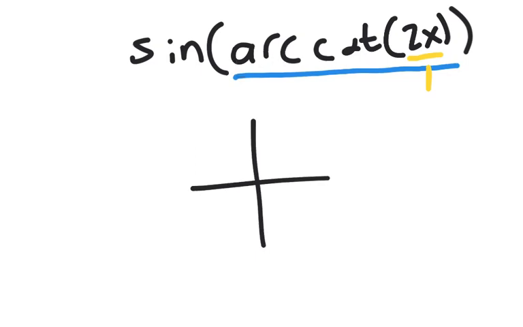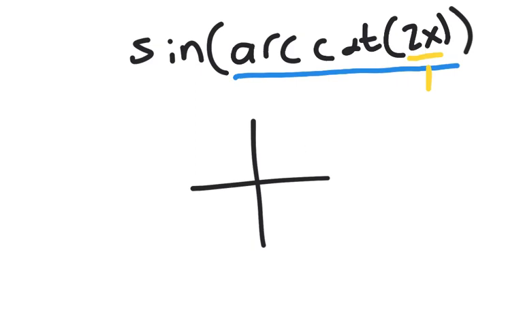I also know, because it's arc cotangent, that it is defined for the first and the second quadrants. And because the argument is positive, that means I have to be in the first quadrant.